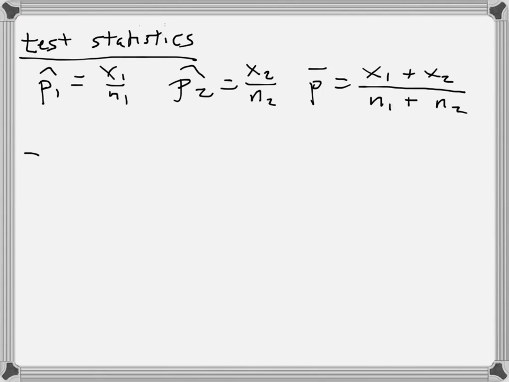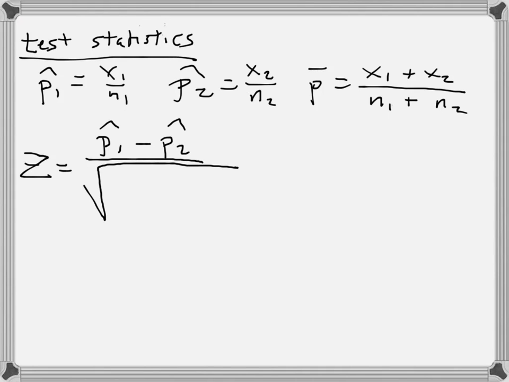Now our Z test statistic is going to be P1 hat minus P2 hat all over. Now you're wondering, where does this pooled proportion come into play? Well, it comes into play in the standard error, which is the denominator down here. So we're going to need P bar and Q bar, and that's a good point. Let's write this down there.